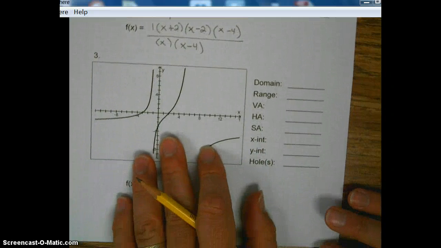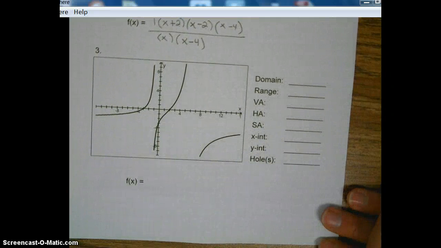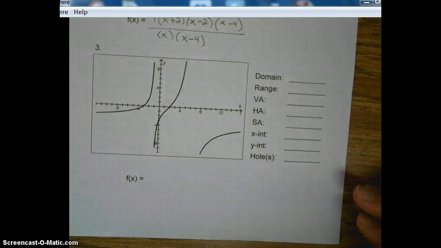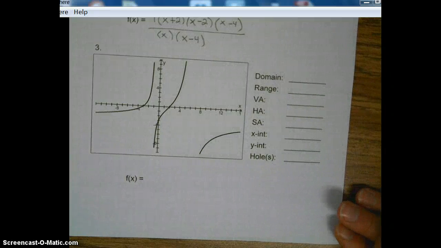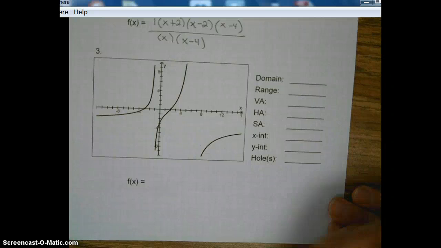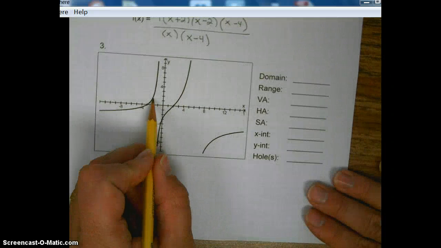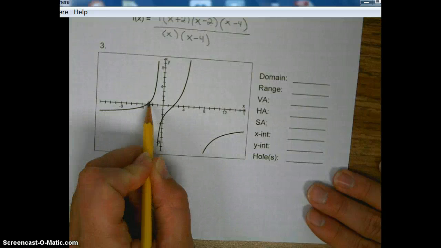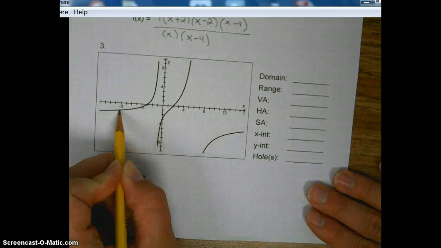All right, let's take a look at number 3. This one's a silly looking one. Let's take a look a little bit closer at this one. If you'll notice, this is curving, like it's getting closer and closer to something, but it's flattening out.